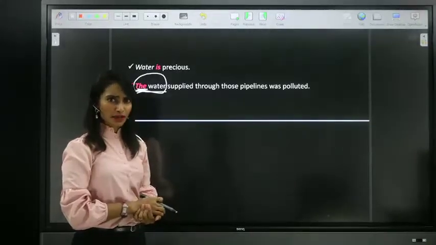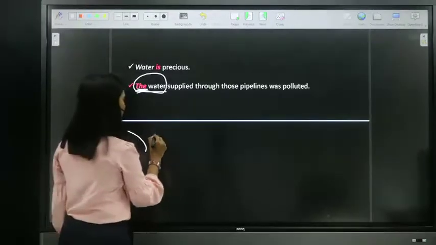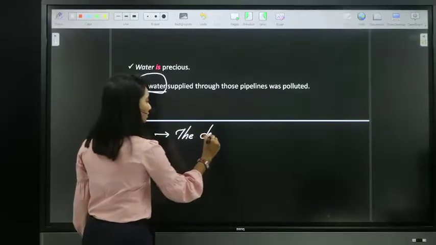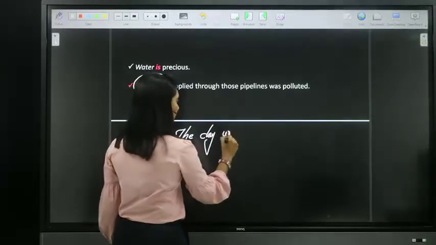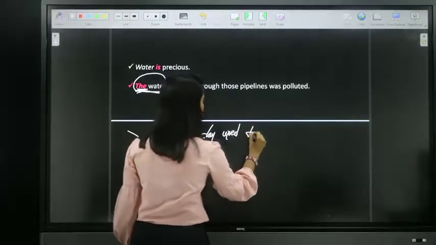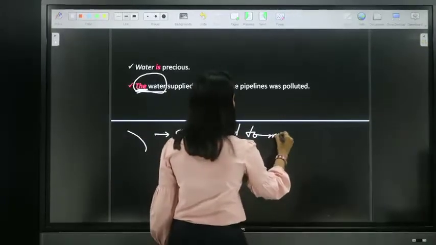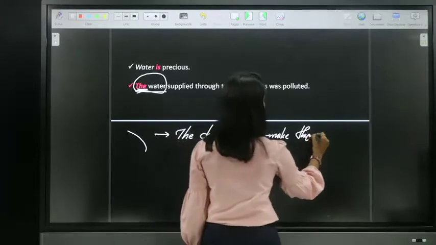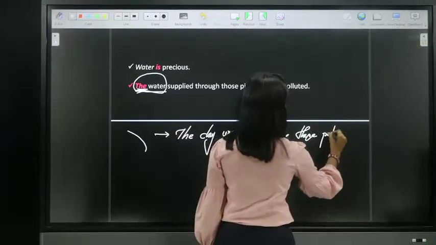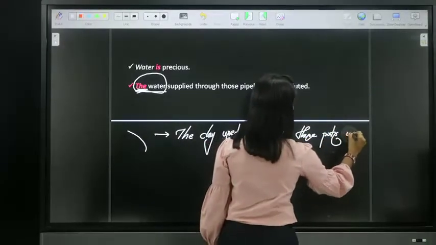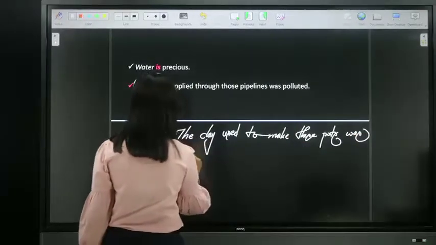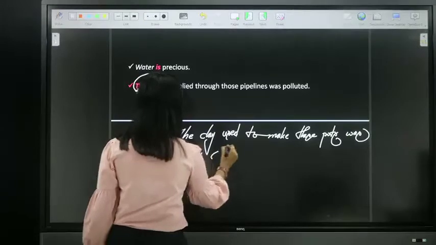So can we make one more example? Look at this sentence. The clay used to make these pots was very hard.